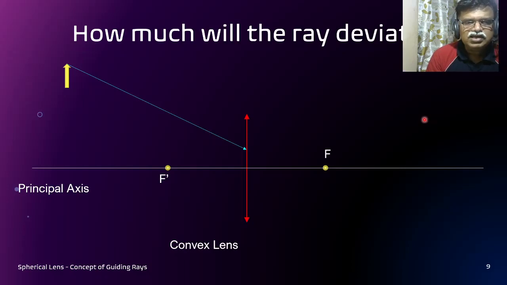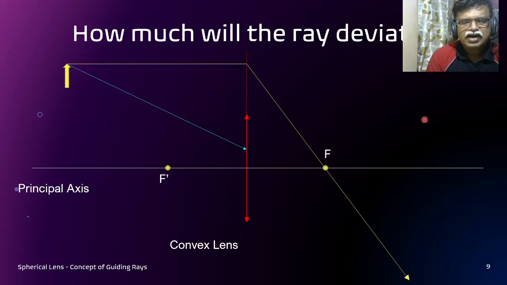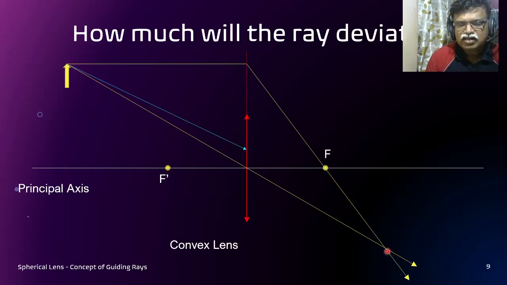What I have to do is just extend the lens and draw a ray parallel to the principal axis. After passing through the lens plane, it has to pass through the focus, and another ray passing through the center of the lens will go undeviated, and then you know that this particular object is going to form an image over here. So any ray coming from this object will ultimately have to pass through this point, and the image will form like that.